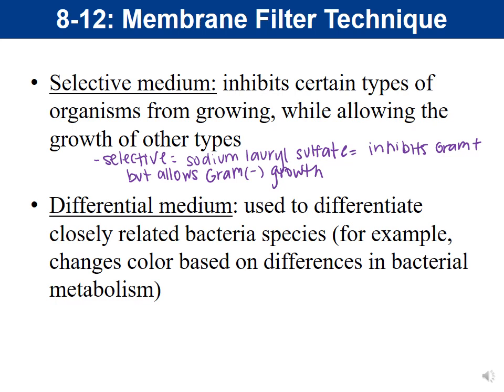Differential media is used to differentiate closely related bacterial species, for example by changes in color based on differences in bacterial metabolism. Sometimes you're going to see a color change, which tells us that the organism is using that food source.